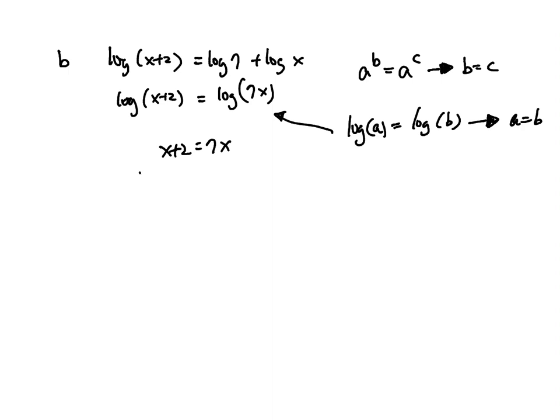So from here, solve for x. 2 equal 6x. x is 1/3. Okay. All right. There's definitely some tricks here and there, but the more of these you do, the easier they become.